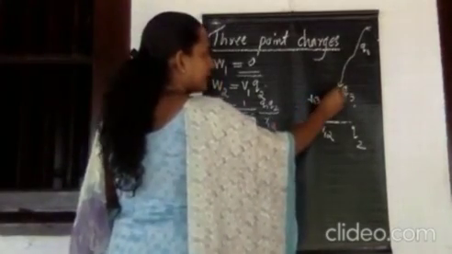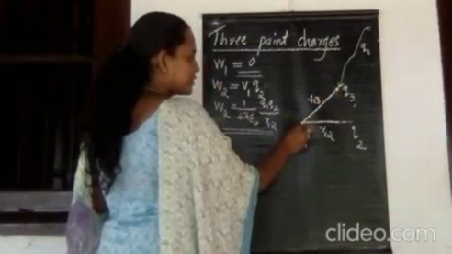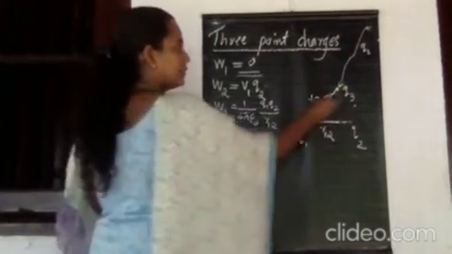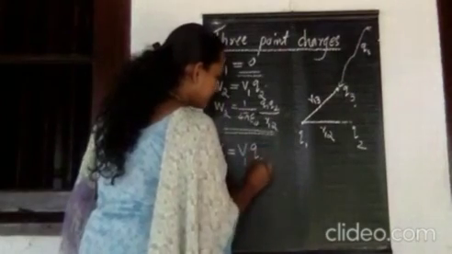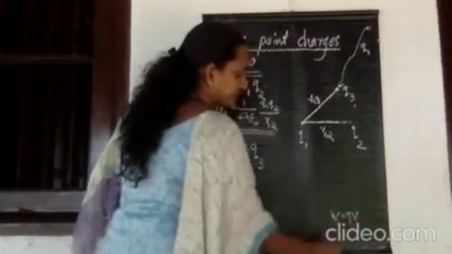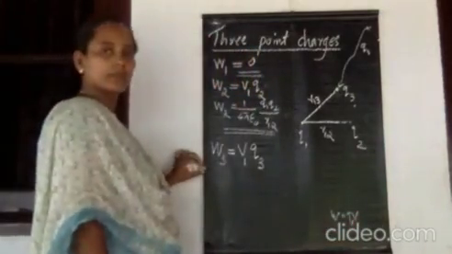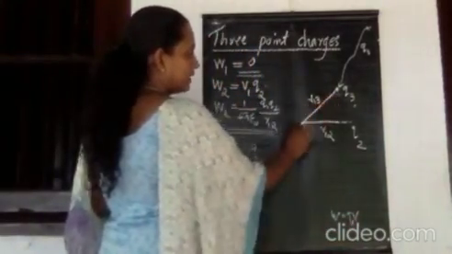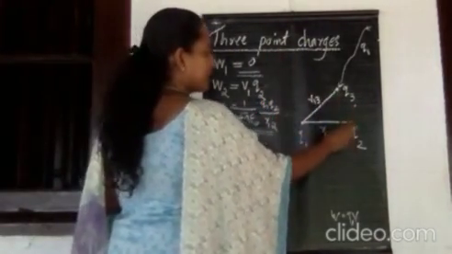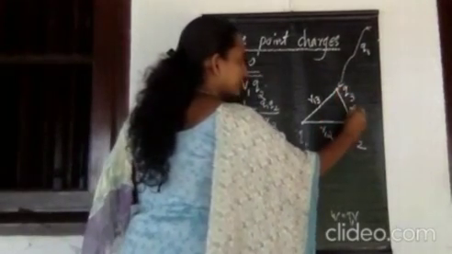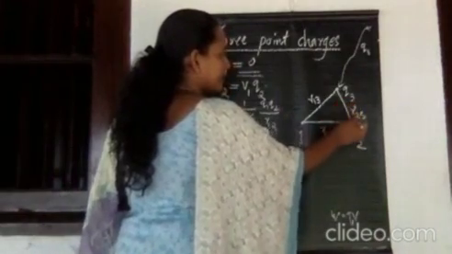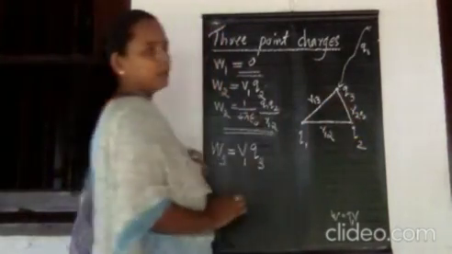At this point Q3, there is a potential due to the charge Q1, that is V1, into the charge Q3 by using the formula W is equal to QV. But is the potential at this point only due to Q1? No, at this point Q3 there is one more potential, due to the charge Q2, which is at a distance R23. This is charge Q2, this is charge Q3. Therefore, you can represent this distance as R23.